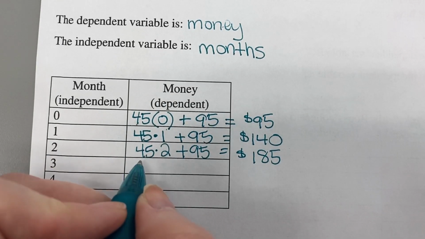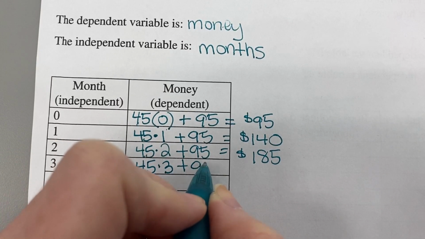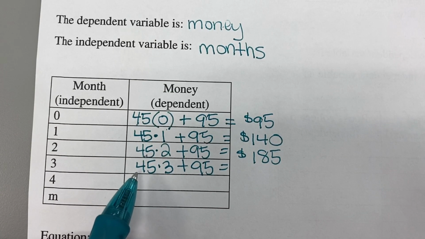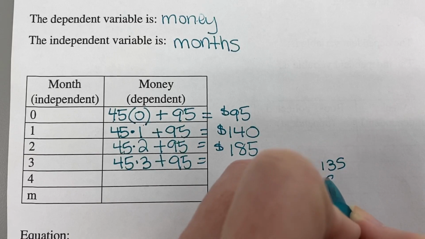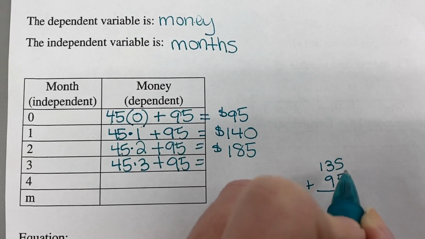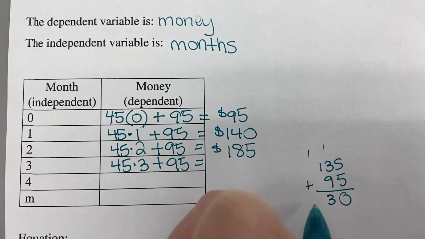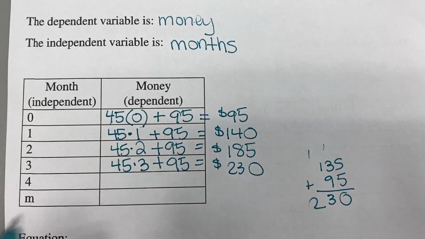And then we have 3 months. That's $45 times 3 months plus the sign-up. Let's see, 45 times 3, 15, carry the 1. I believe that's 135. 135 plus 95 is 10, carry the 1. 13, I think 230 here, doing a little side hustle, 230.